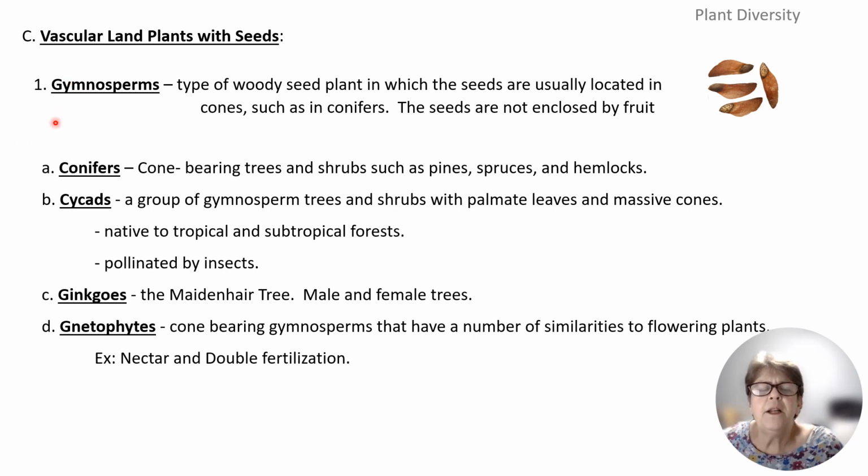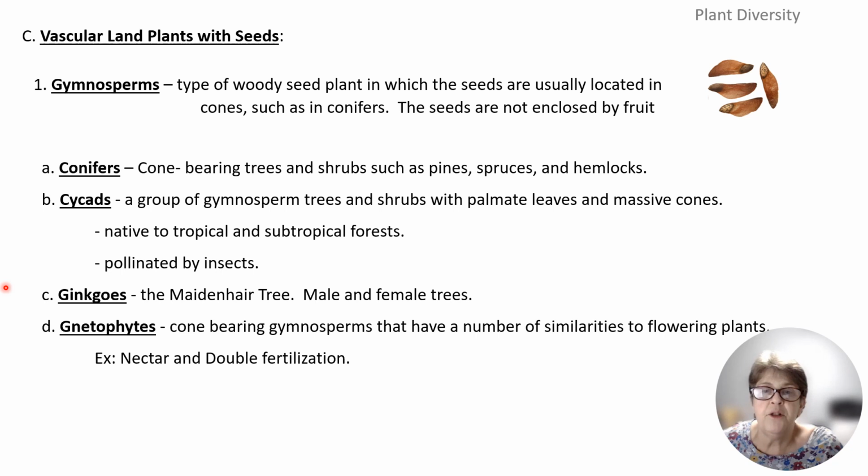So it means naked, basically naked vascular plants is what they are. And think of you go to the gym and you change out of your clothes, so they're naked seeds, no fruit. The conifers are cone-bearing trees and shrubs such as pine, spruces, and hemlocks.